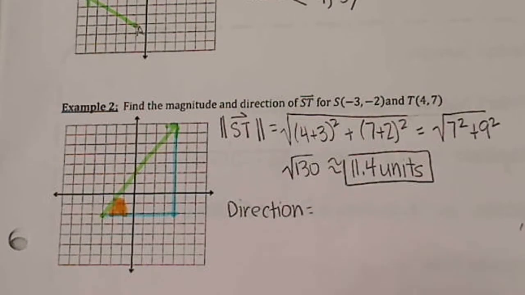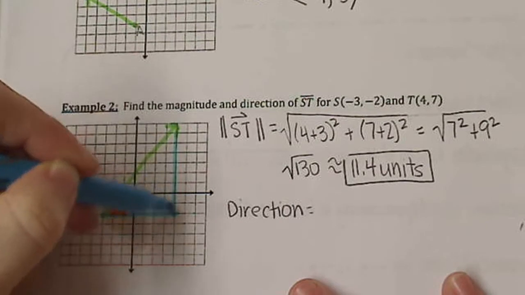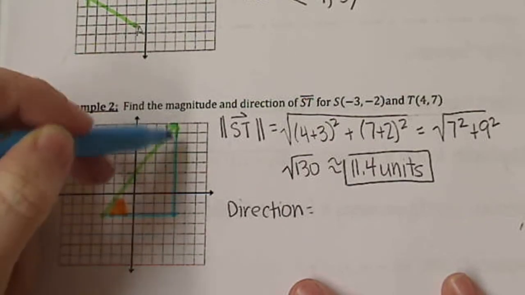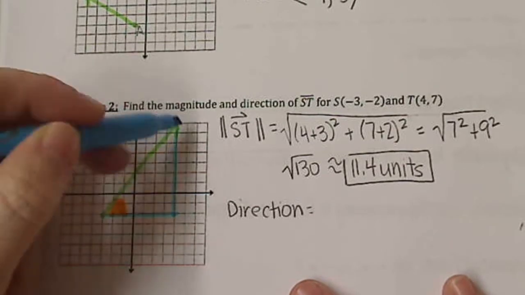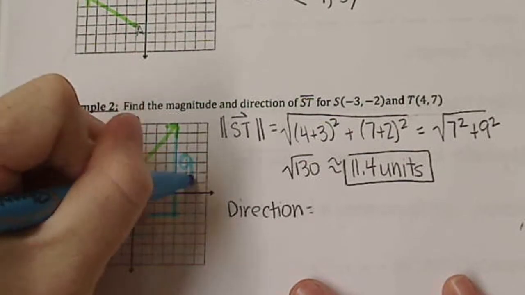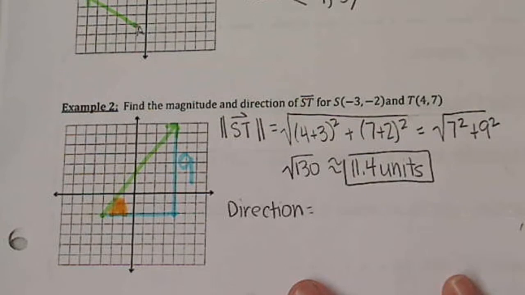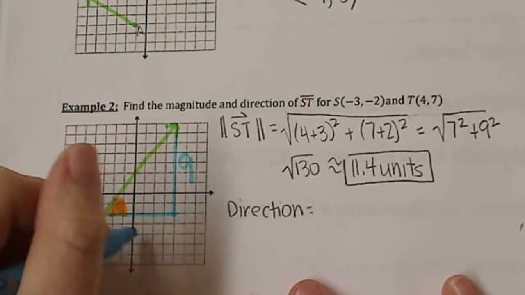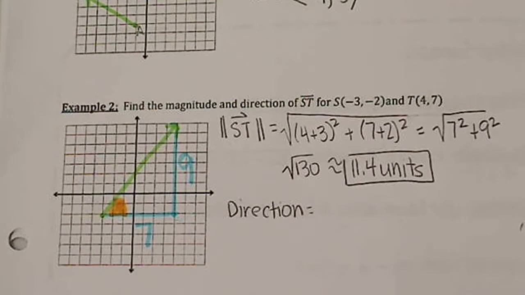That's what I want to find. Now, I know all three sides of this triangle, because this side over here opposite the angle is vertical, so I can just count those. So that's 9 units tall. And the side adjacent to the angle is 7 units.